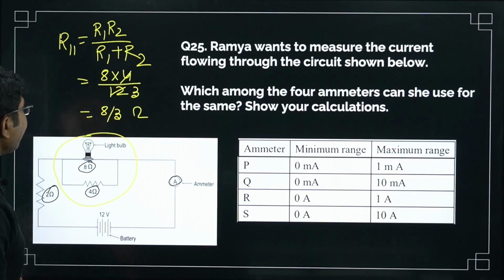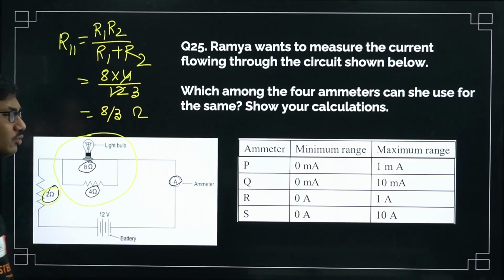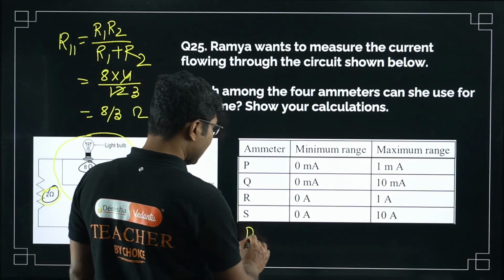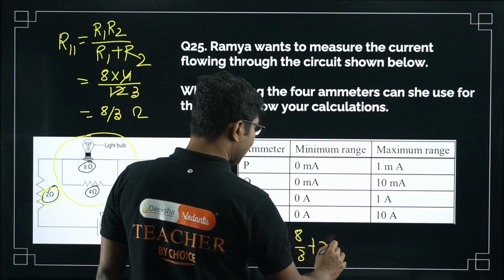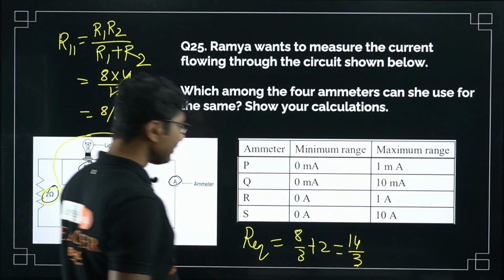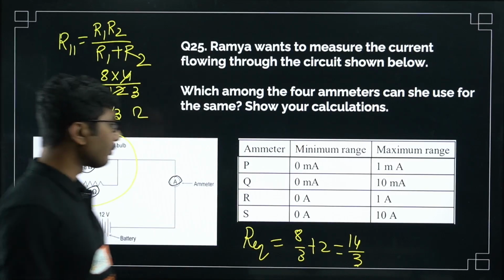No. So 8 by 3 ohm is the parallel resistance of this, and after that this 2 ohm is in series with it. So total resistance will be 8 by 3 plus 2, that is 14 by 3. So 14 by 3 is the equivalent resistance. Now we just need to divide 12 by it to find the current.